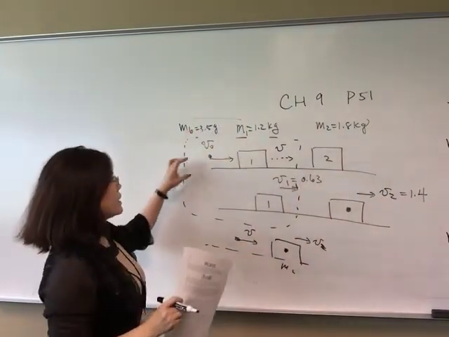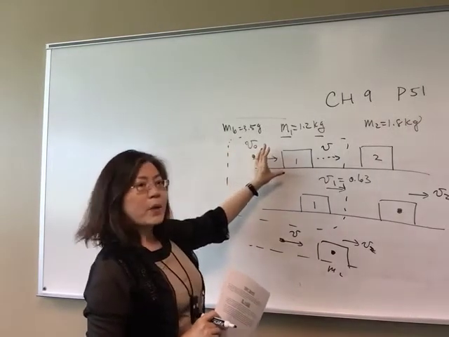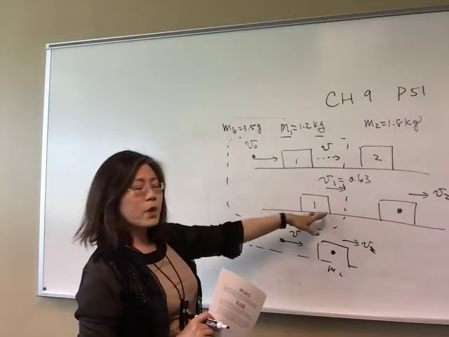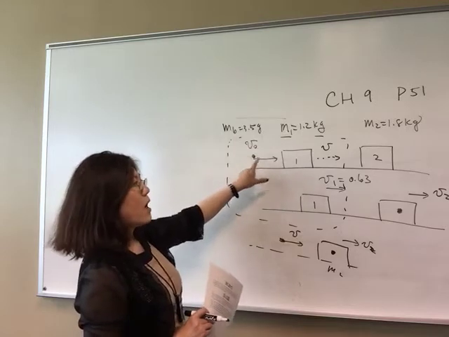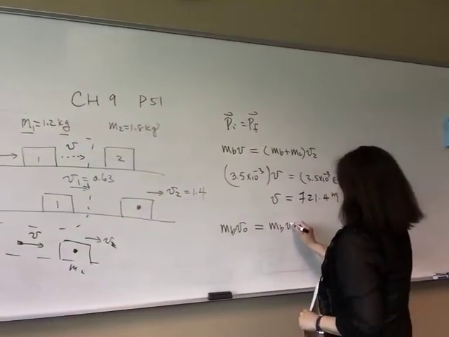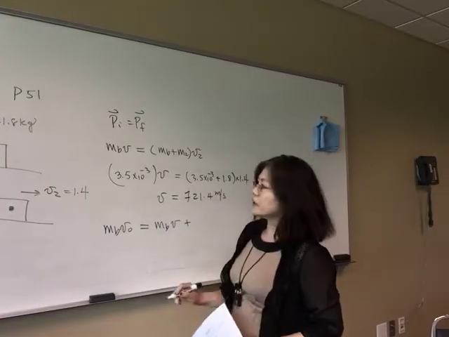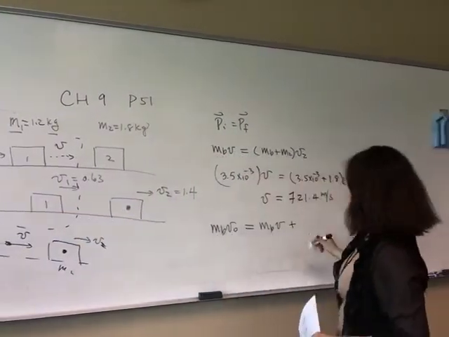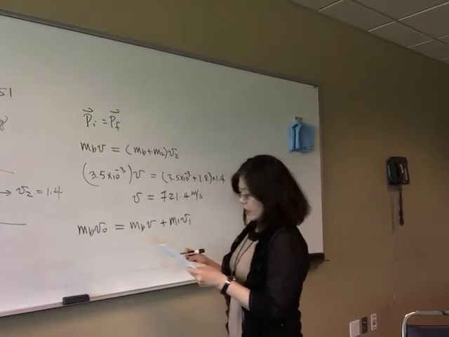The bullet initially carries linear momentum, and it's going to transfer its linear momentum to the bullet and also to block 1. So before collision, you have mb times v naught. After collision, you have mb times v, because the bullet carries the velocity, plus, in addition to that, this block after collision is also moving at a velocity as well. So you have your m1 times v1. Okay, so that's basically what we do.